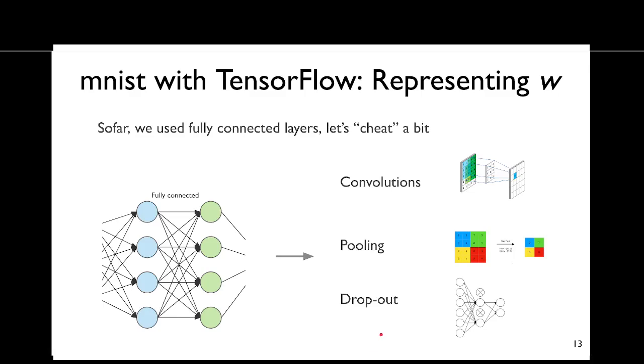Now we have some insights into how to represent x, how to represent y star, the labels. Now let's go and look into the architecture and how we're representing w.